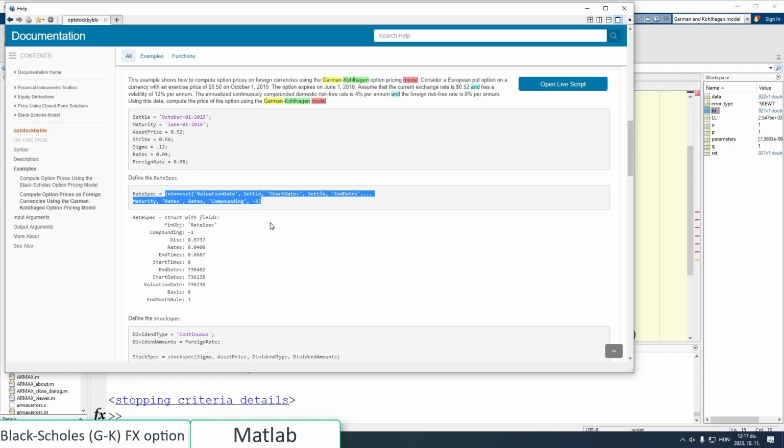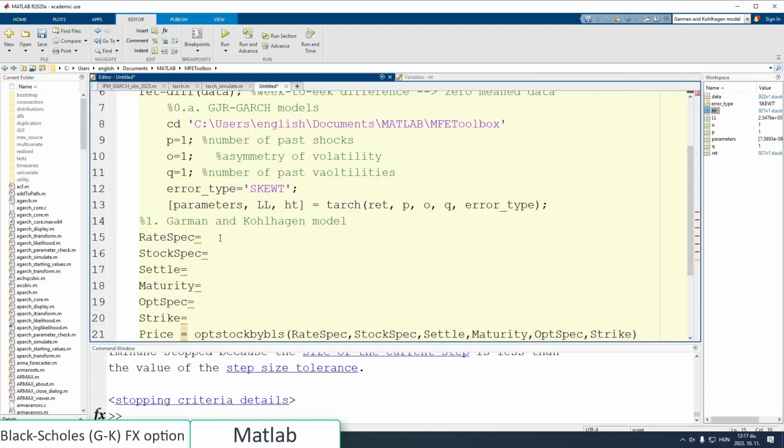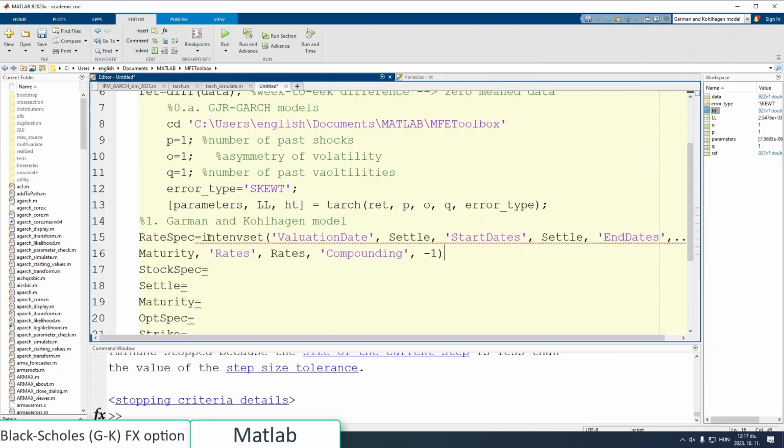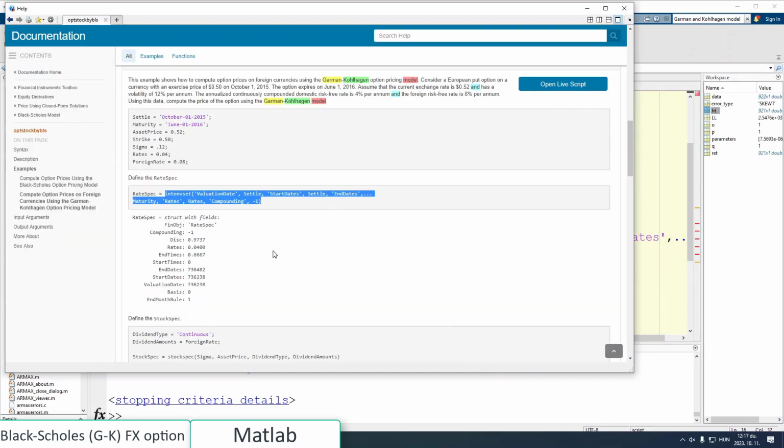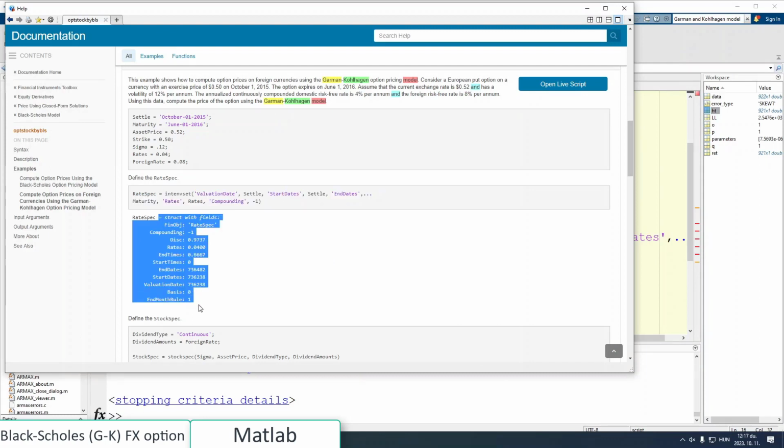In case of Matlab, in many cases they are just creating objects. Sometimes I don't know why, because here we can see that there is a whole function which will be based on valuation dates, start dates, end dates, interest rates, and so on. But it doesn't create any further calculation, it's just ordering the inputs.